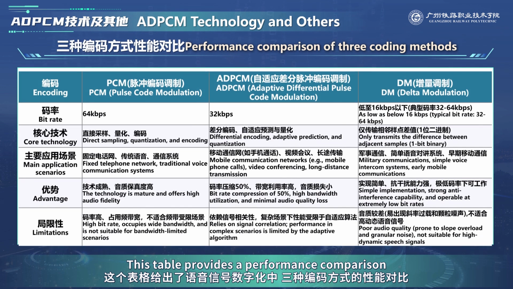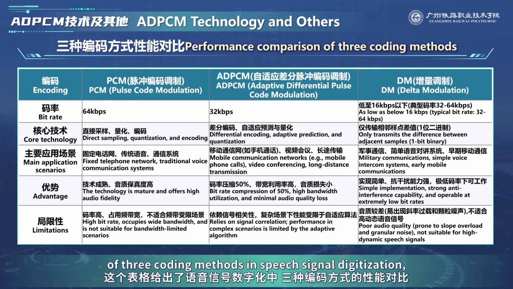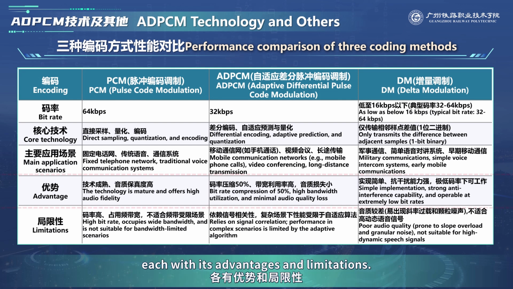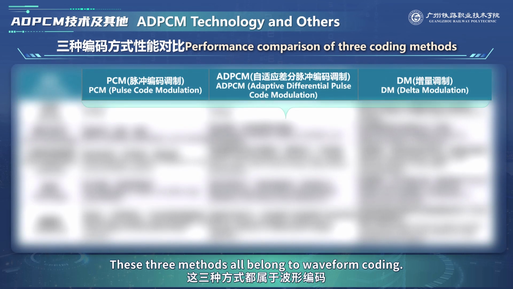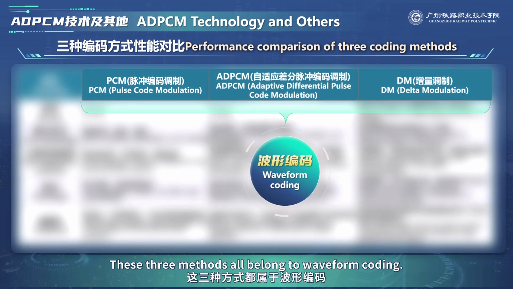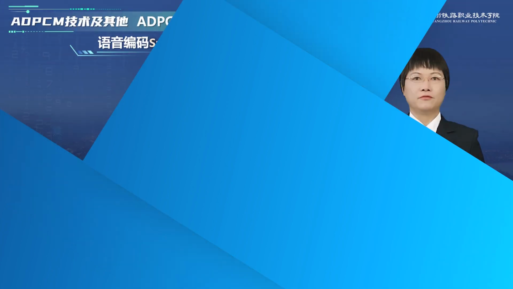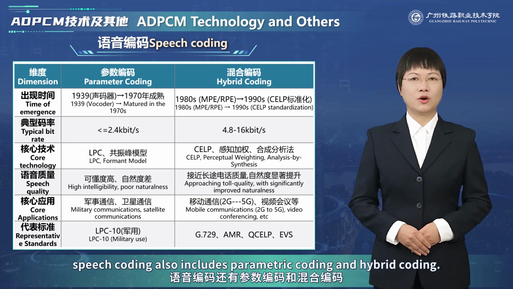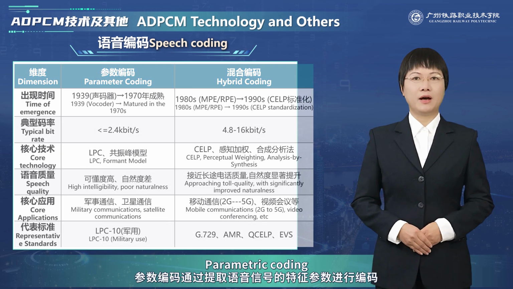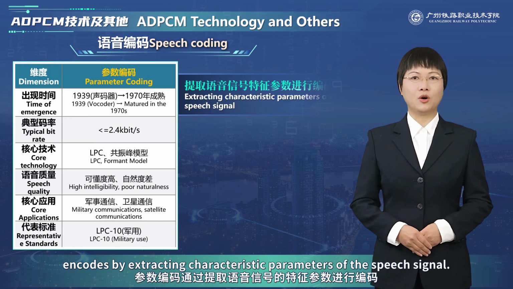This table provides a performance comparison of 3 coding methods in speech signal digitization, each with its advantages and limitations. These 3 methods all belong to waveform coding. Furthermore, speech coding also includes parametric coding and hybrid coding. Parametric coding encodes by extracting characteristic parameters of the speech signal.